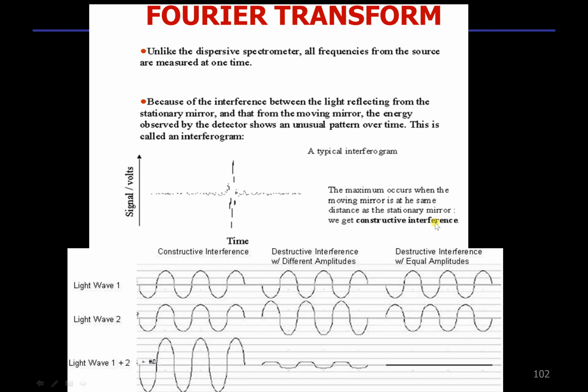But if it moves away, then you get something different. So this is light wave 1 and light wave 2, one from the moving mirror and one from the fixed mirror, and they will add and you get constructive interference, because trough is matching trough and crest is matching crest. But here, the trough is matching crest and crest is matching trough.